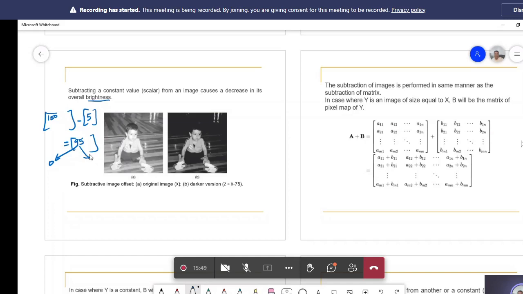Okay, so here you will see this is the original image, and from it you have done x minus 75.